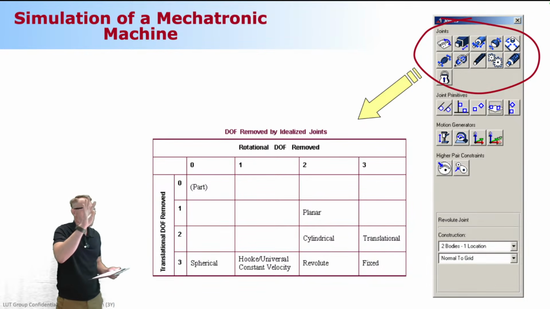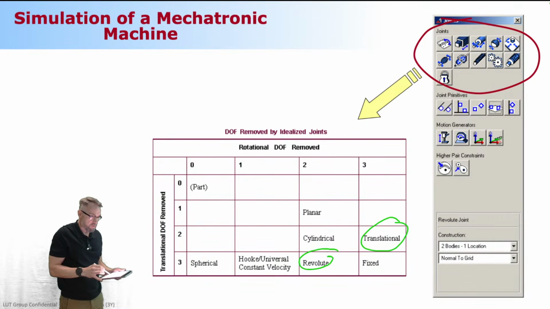So how many different constraint equations do you need in different scenarios in three-dimensional space? These are the most commonly used joints: a translational joint, revolute joint, cylindrical joint. Translational constrains 3 rotational possibilities and 2 translational possibilities, so that's a total of 5 constraint equations.